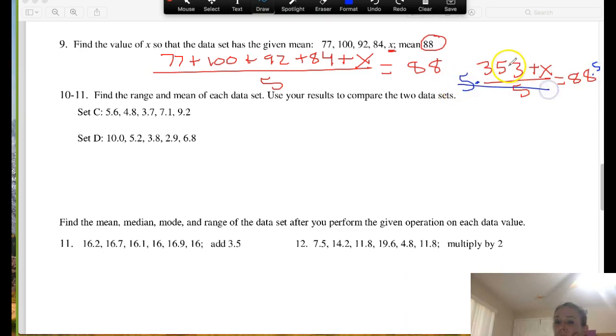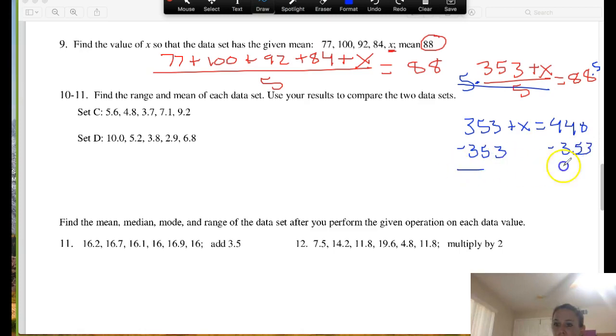That eliminates the 5 on this side, and you're left with 353 plus x equals 88 times 5, which is going to be 440. Now to solve for x, this is an addition, so do a subtraction. Subtract 353 from both sides, and you're going to end up with x equal to 87. So that data value is 87.